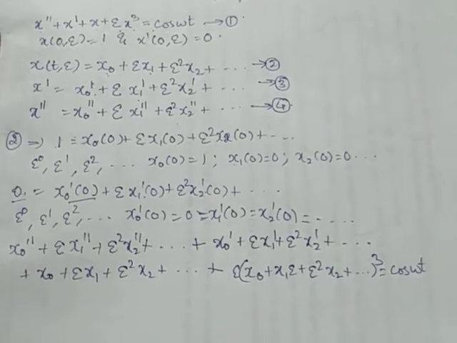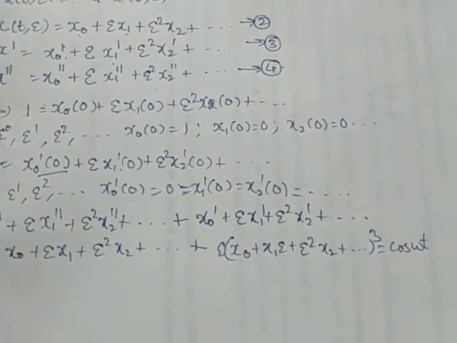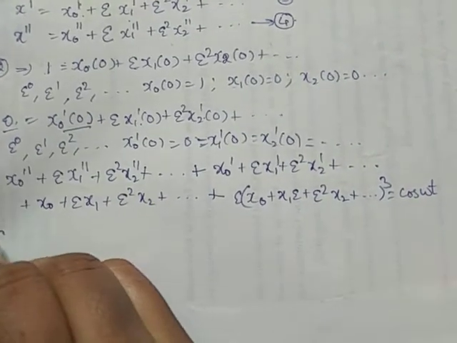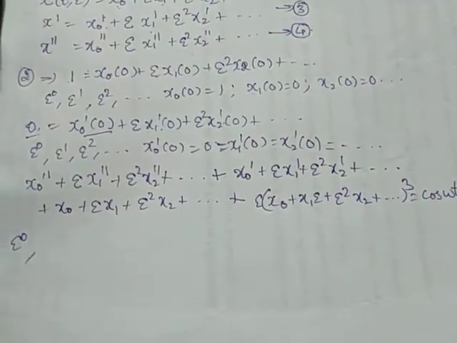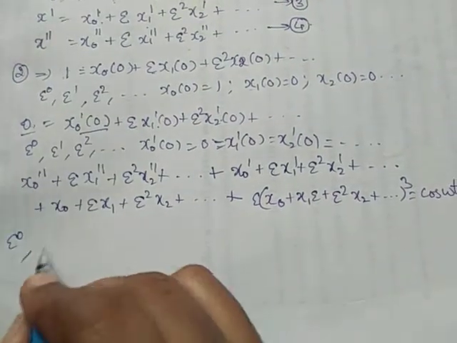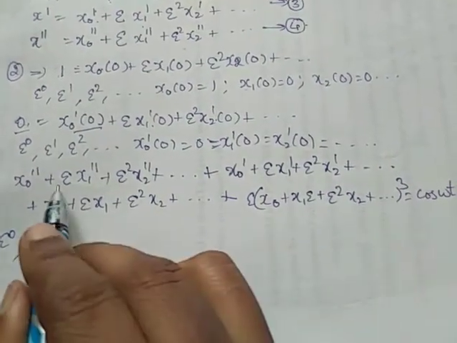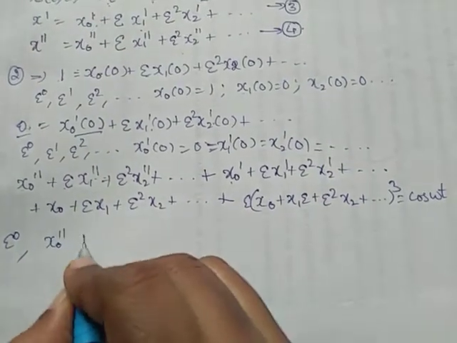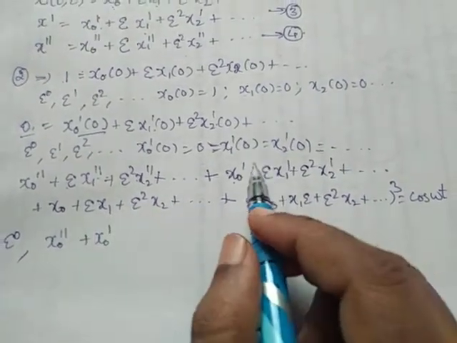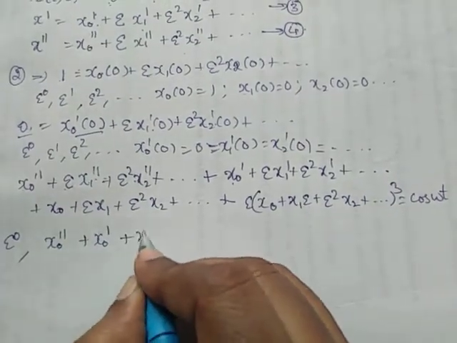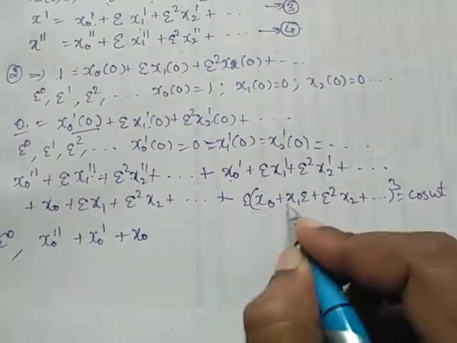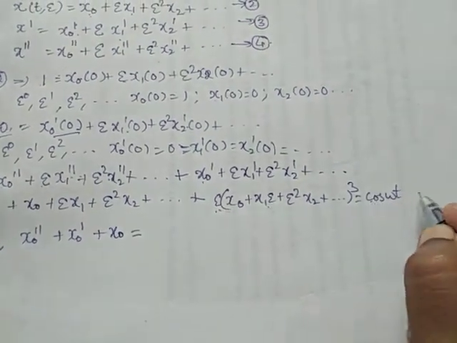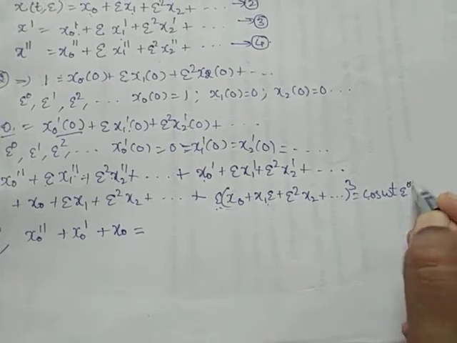In this case it is cos omega t. So what is the next step? We have to find the coefficients of epsilon power 0. The coefficient of epsilon power 0 is x0 double dash; here we have x0 dash, then x0. The higher powers of epsilon are the other coefficients.